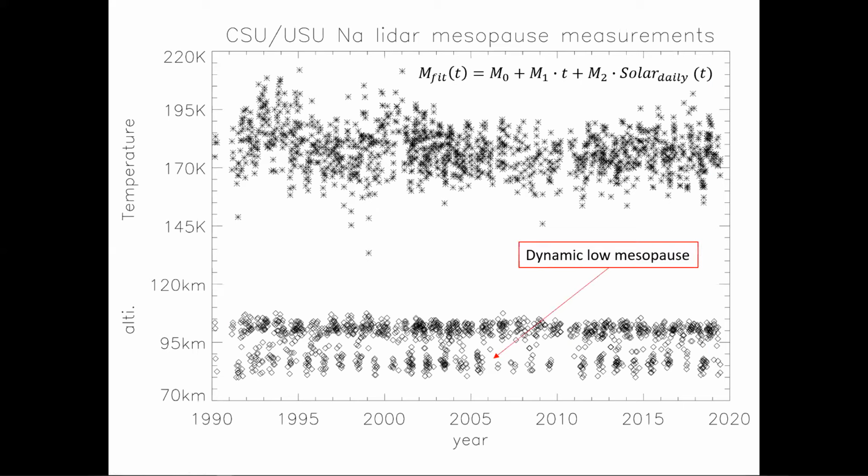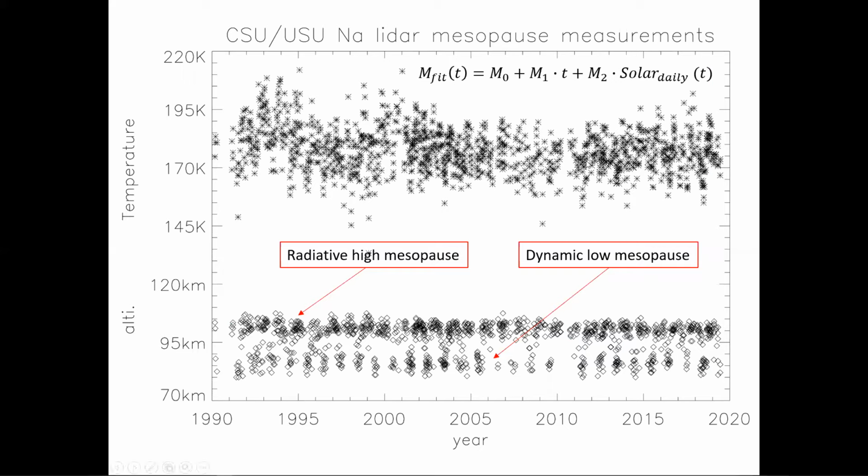One is the mesopause at lower altitude, which is mostly induced by the adiabatic process, mostly happening in the summer months, and also the radiative high mesopause, which mostly happens in the winter months. The high mesopause occurs around 100 kilometers, and the low mesopause, dynamic mesopause, occurs mostly around 84, 85 kilometers.